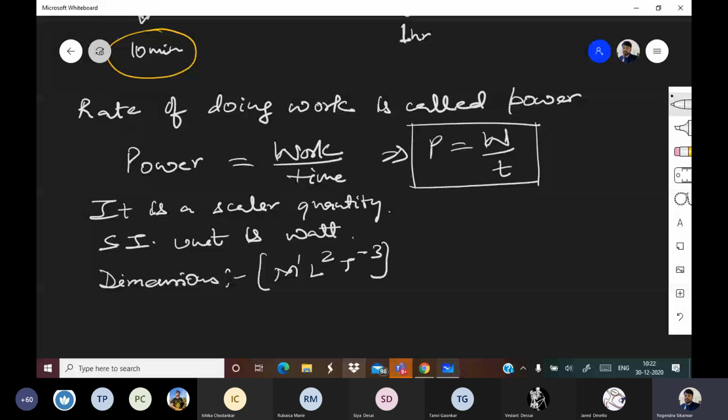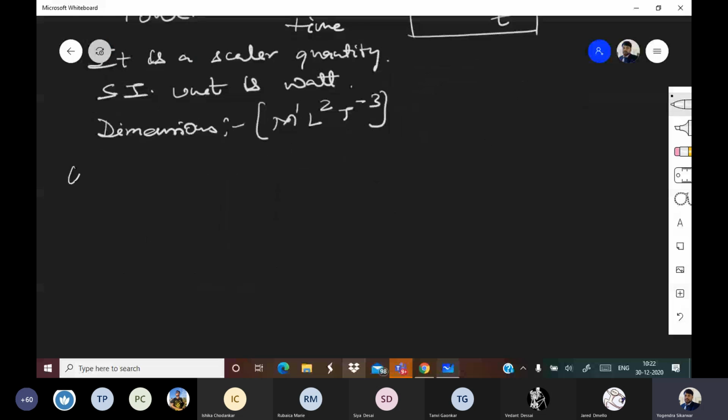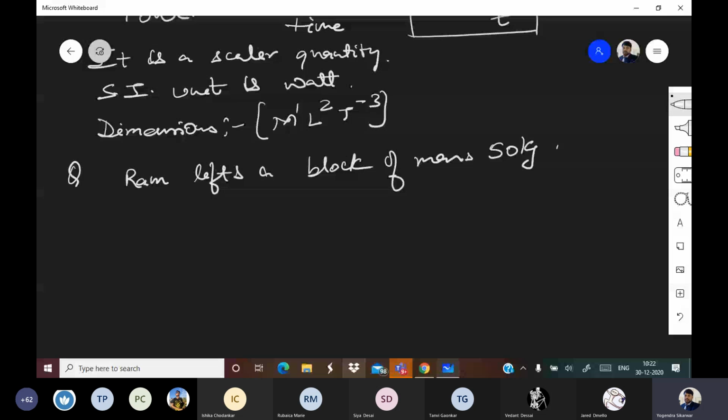Let me give you a question. Ram lifts a block of mass 50 kg up to 100-meter height in 30 seconds.